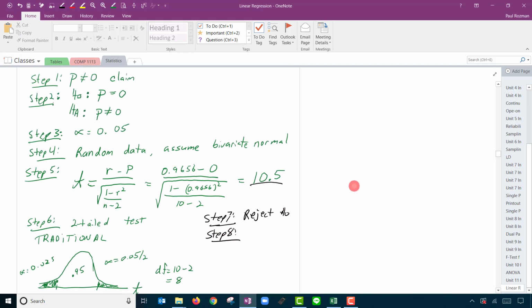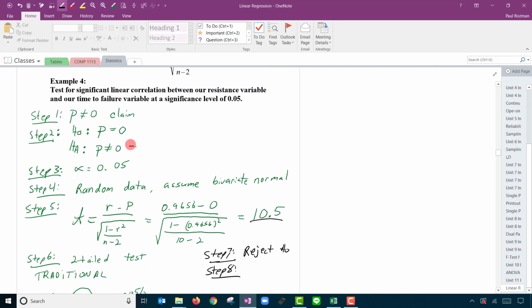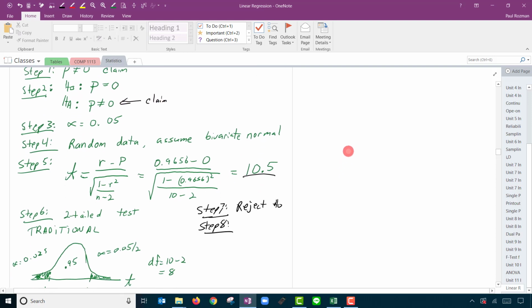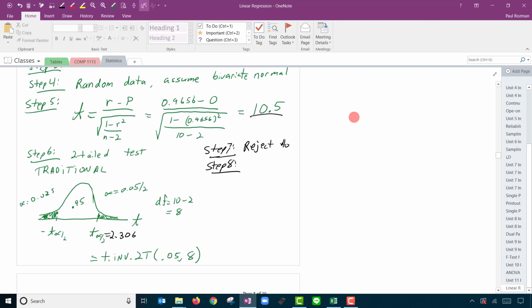Well, our claim was the alternative, and we rejected the null. So that means we're supporting the claim. And because we rejected the null hypothesis, we get to say this rather strongly. We can say there is enough sample evidence to support the claim.